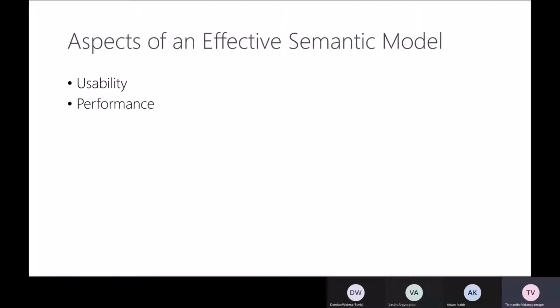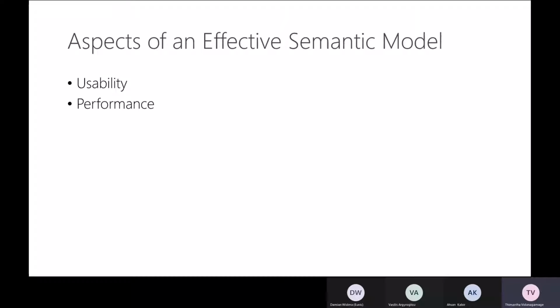Usability is simply how easy the data model, or the semantic model, is to be used and consumed by the end users, while performance is about whether the model is optimized enough to cater to analytical purposes and whether it's lying in an optimal stage.